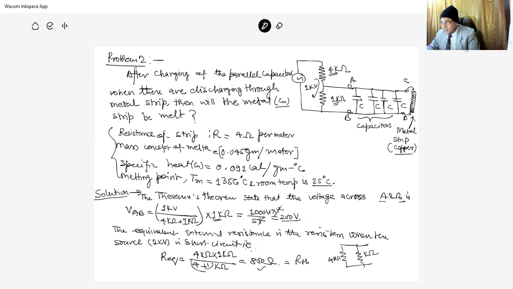The equivalent internal resistance is the resistance when the source 1 kilovolt is short circuited, and this internal equivalent resistance is 1 by 4 and 1 by 1 kilo. This is 1 kilo.